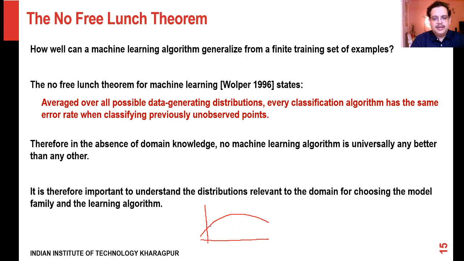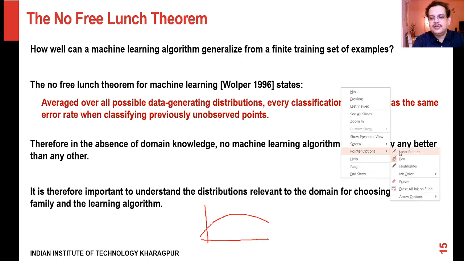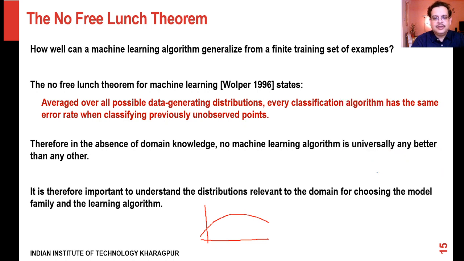Now that fits the set of values that I have learned. So let me draw the points on the basis of which I learned this. Maybe I have a point here, a point here, a point here, maybe a point here, maybe a point here, etc.